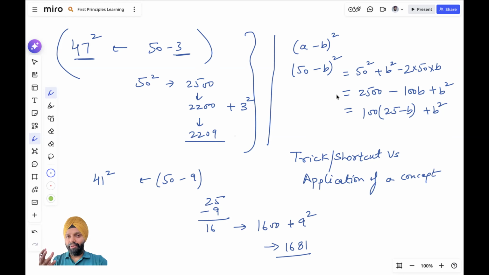So if you understand the basic math concept from which the shortcut is coming, then the shortcut just happens to be an application of a concept for you. You may still use a shortcut, I may also still use a shortcut. But I know where this is coming from, and I can derive it, and I can derive other shortcuts also. So I'm just clear about it. That is the difference between trick shortcuts and application of concepts.